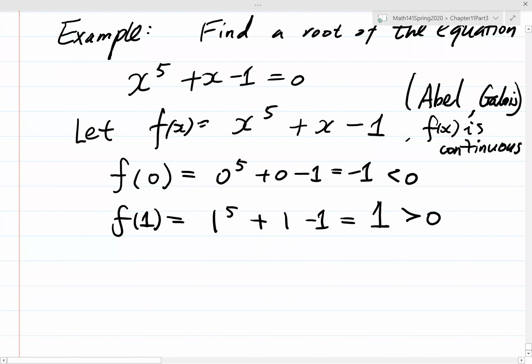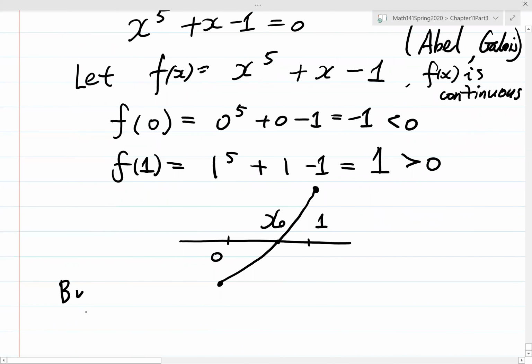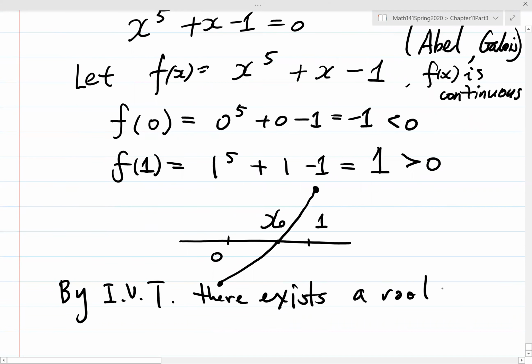So by continuity, if you plot a continuous function, there is an intersection x0. By the IVT, the intermediate value theorem, there exists a root x0 in the open interval from 0 to 1.